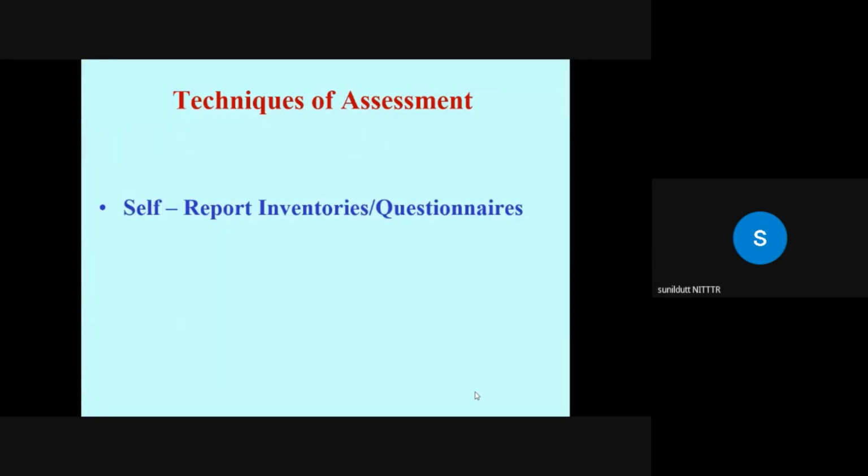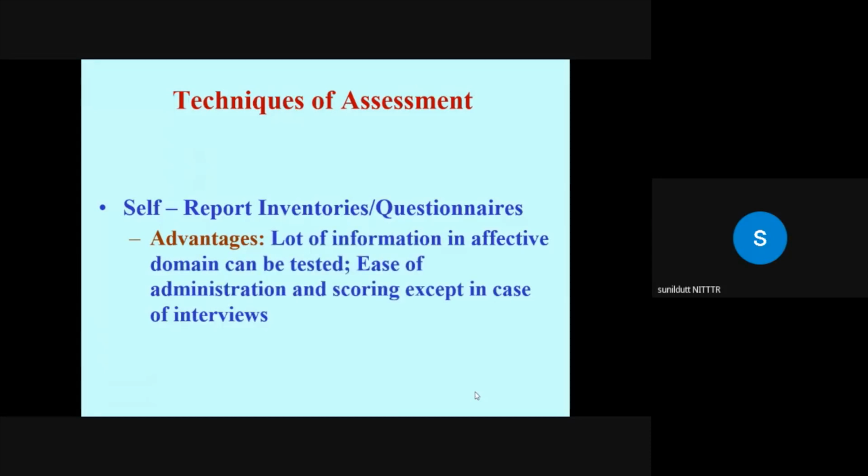Now self-report inventory, जैसे index of learning style, ये मैंने आपको बताया दिया था. Index of self-learning style, you can find out. Interest, your attitudes. Okay, आपने you want to study the attitude of student towards cloud computing, so you have prepared one questionnaire and you have administered to the students, so they are giving their responses.